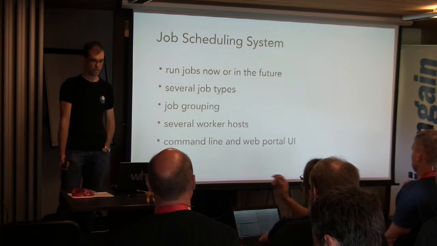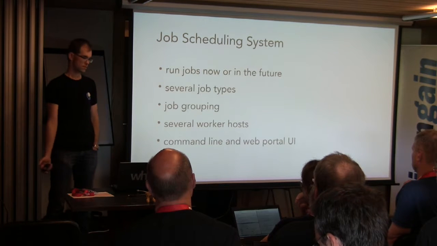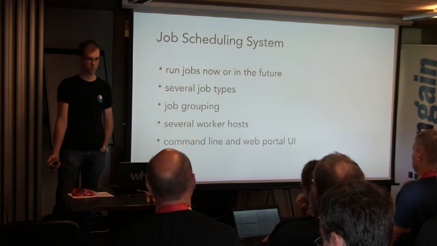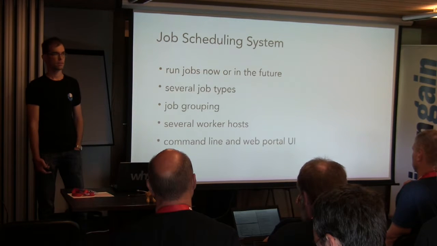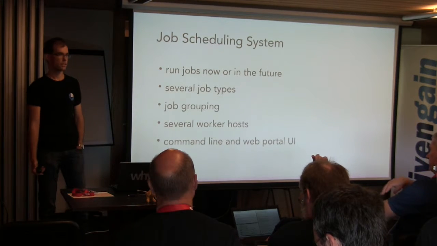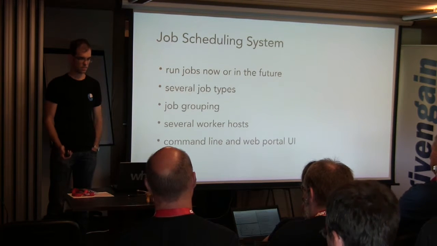Besides scheduling, there are a few more requirements. As we already have seen several types of jobs, there should be some kind of grouping, because we want to run these jobs for a list of selected hosts.